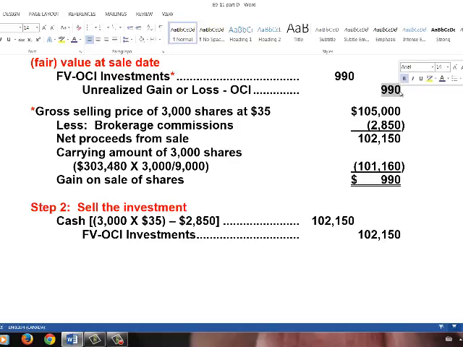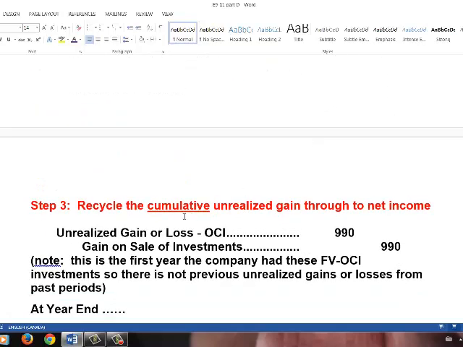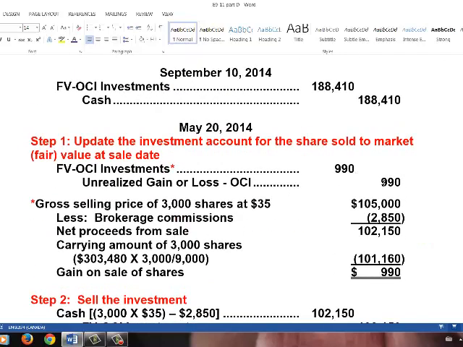So in previous years we had nothing, nothing in 2013, 12, 11, whatever, because this is the first year we've held the shares. So what we have to adjust in our cumulative amount is only the 990 we booked this year.